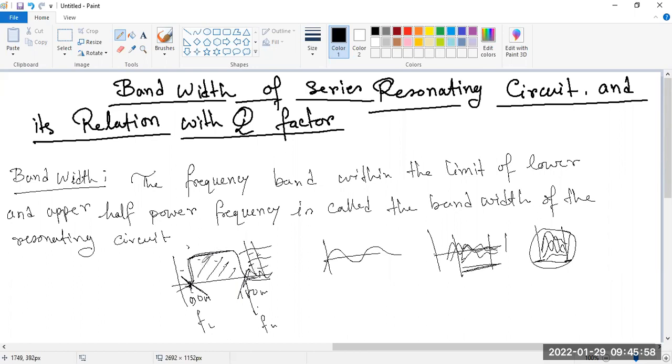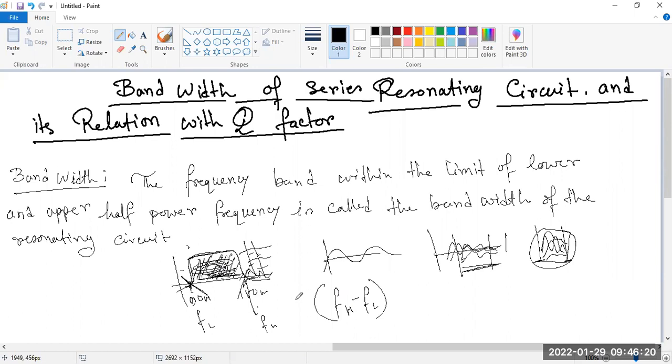Okay, so within this frequency limit, the frequencies are acceptable, and they are carrying the information. That's why this is called the band. This bandwidth is acceptable. So the higher cutoff frequency minus the lower cutoff frequency is one band.